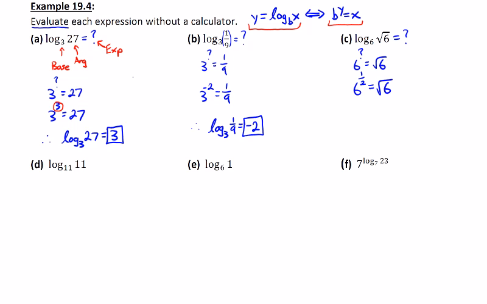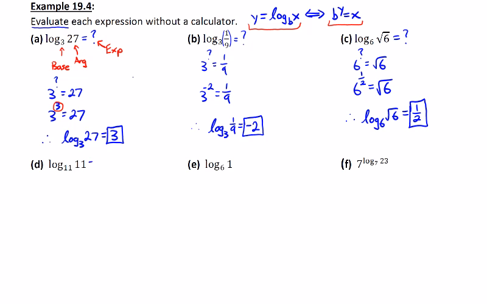Exponent of 1/2 is the same as saying the square root. So therefore, log base 6 of the square root of 6 is equal to 1/2. So a lot of what we're doing here is pattern recognition, understanding how to be able to create certain values using exponents. Part D, next one, we have log base 11 of 11.